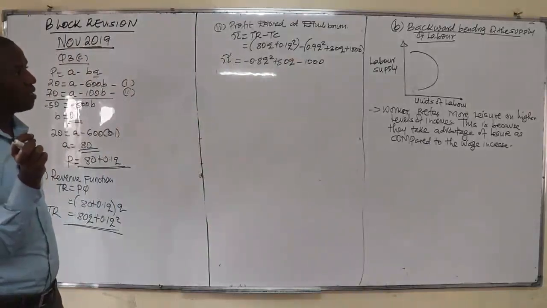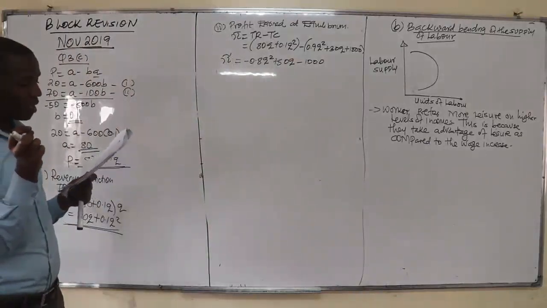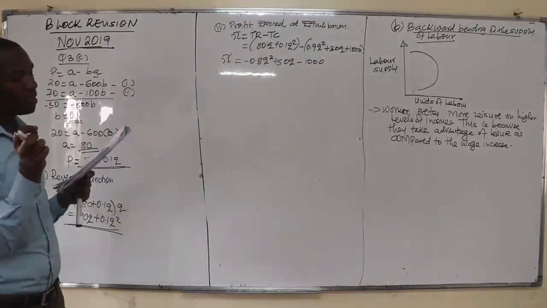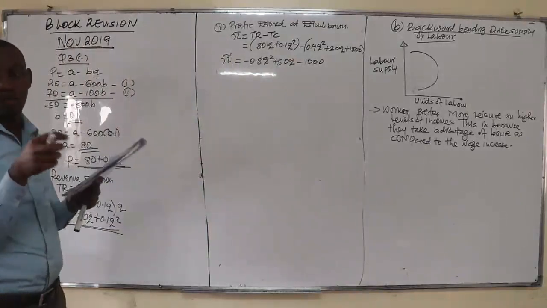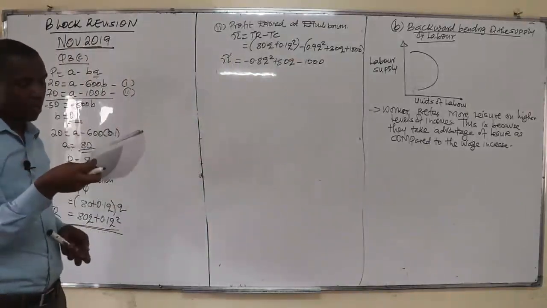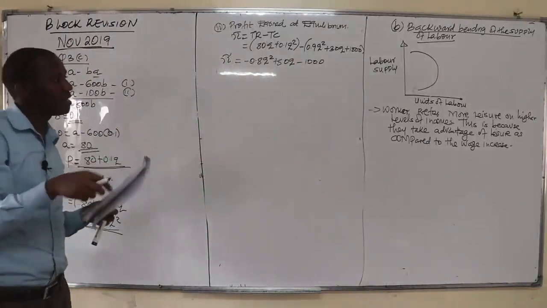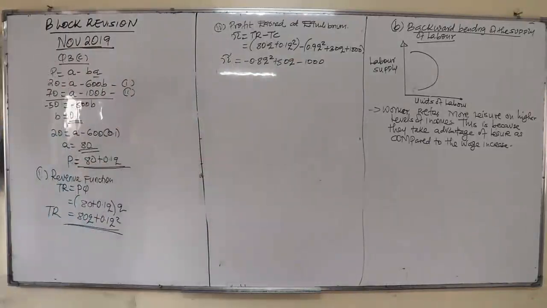So with that, we are required to talk about the profit that will be earned at equilibrium. So how do we get the profit that will be earned at the equilibrium? We have the profit function and we want to know the profit earned at the equilibrium.